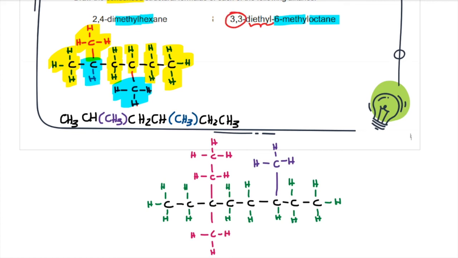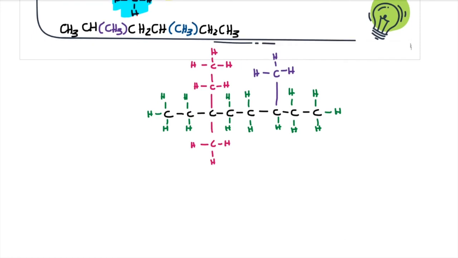Now we can go and draw the condensed structural formula. And I'm going to use a different method in this case. We first still have CH3. So we write out CH3. Then next to that we have a CH2, and we're going to write CH2.